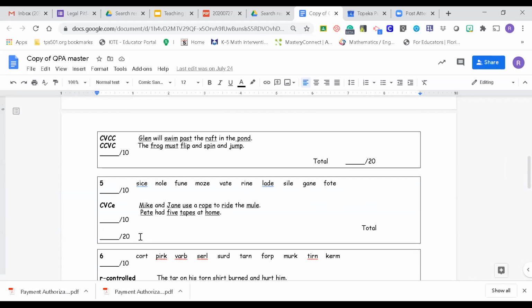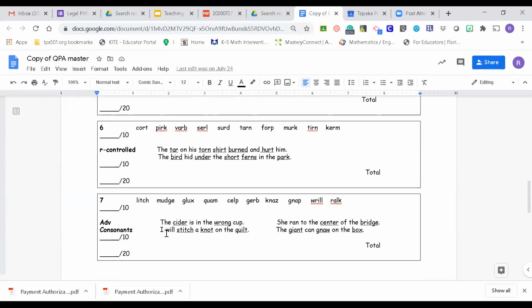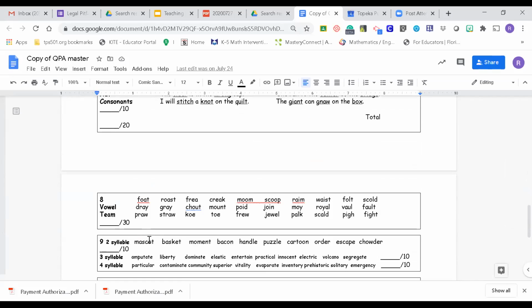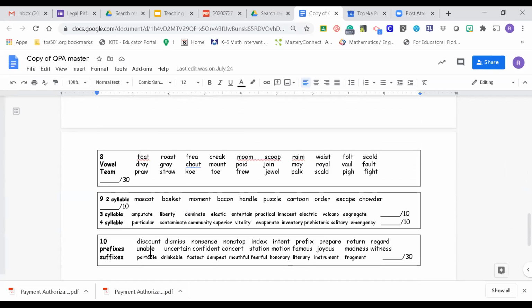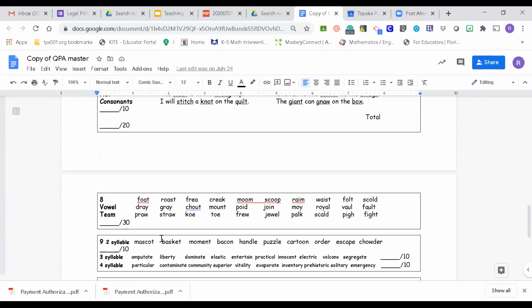Again, notice that we still have the short vowel sounds. And so it progresses down to, you'll see silent E, R-controlled vowels, advanced consonants, vowel teams. We get into 2-syllable words, 3-syllable words, 4-syllable words, prefixes and suffixes.